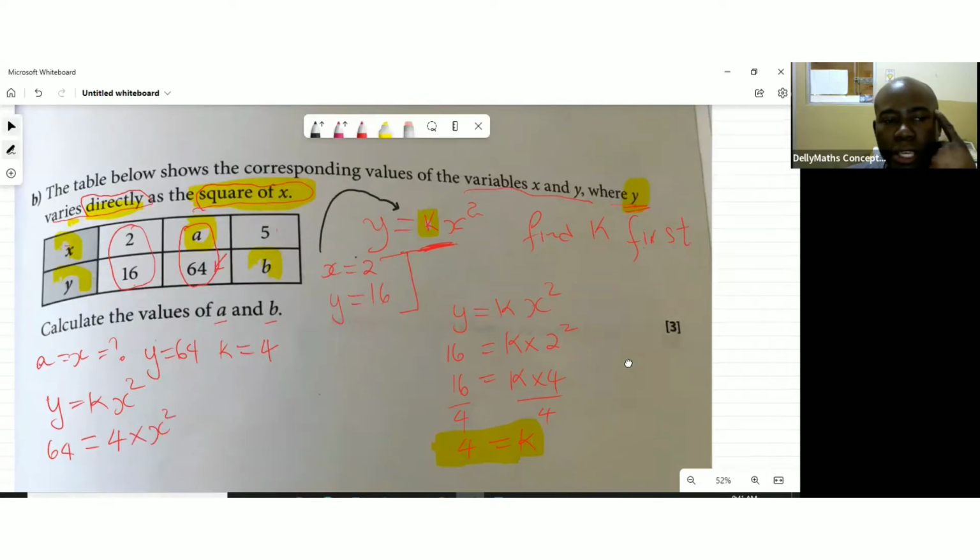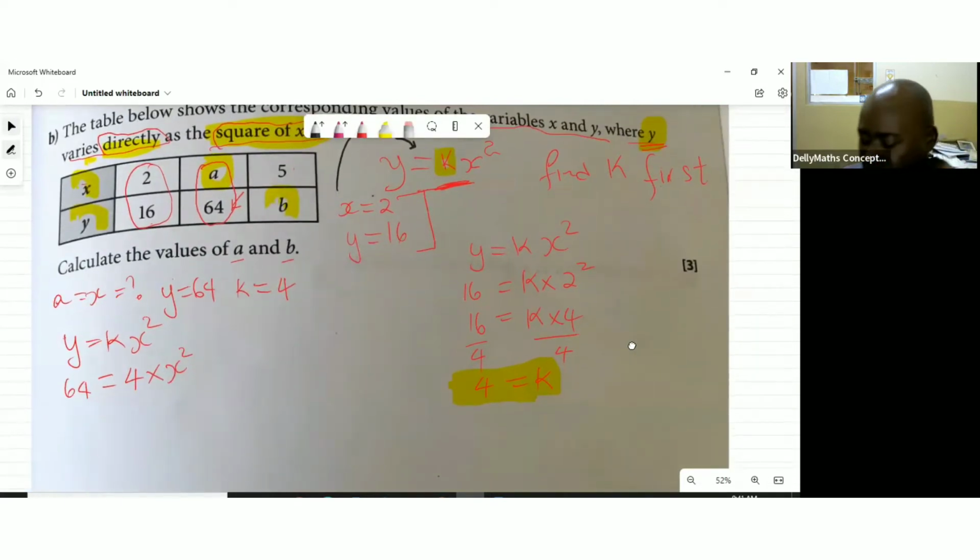Now, as you could see, we're going to divide both sides by 4 in order to get x squared. So 16 is equal to x squared.